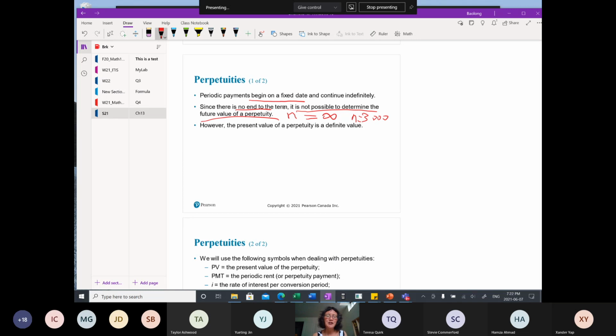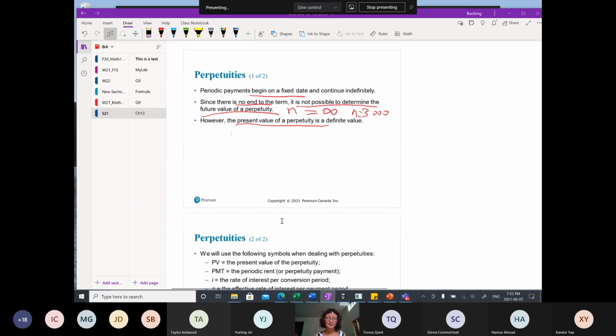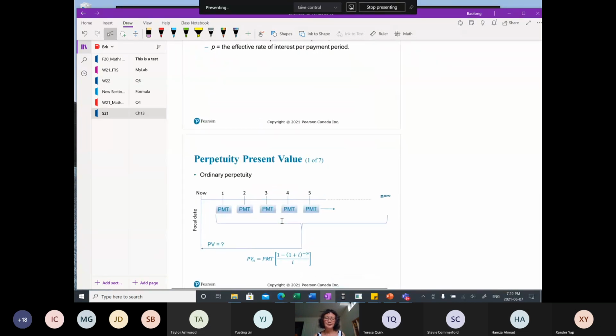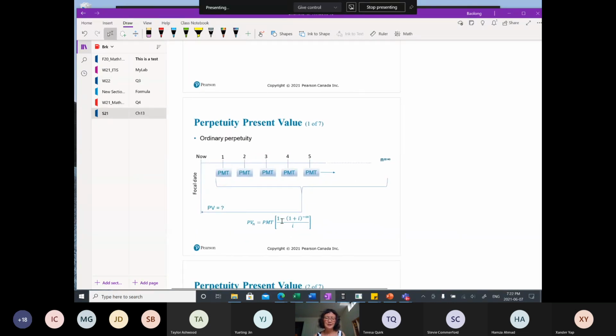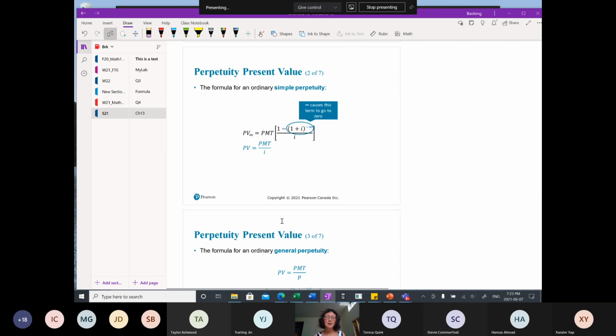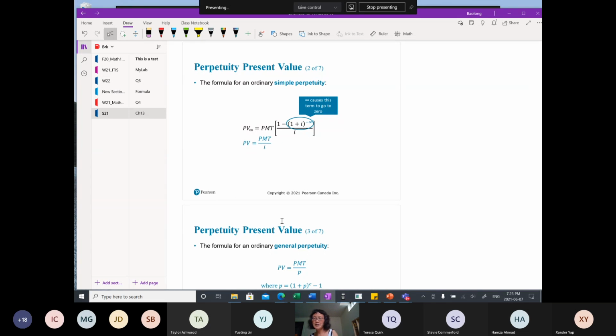Although there is no future value for perpetuity, there does exist a present value for perpetuity. So let's look at the formula for the present value of perpetuity.